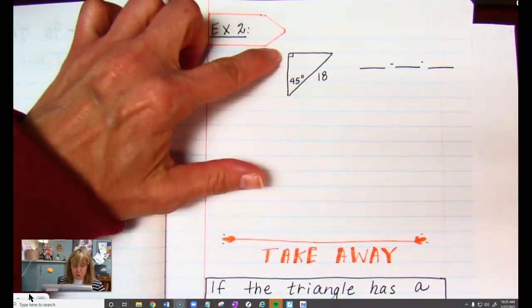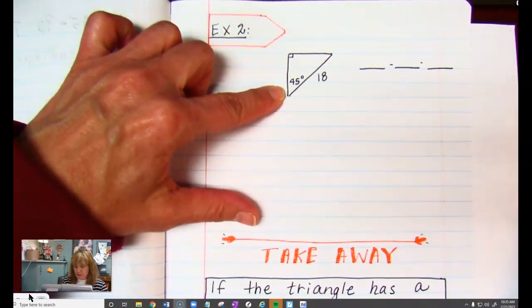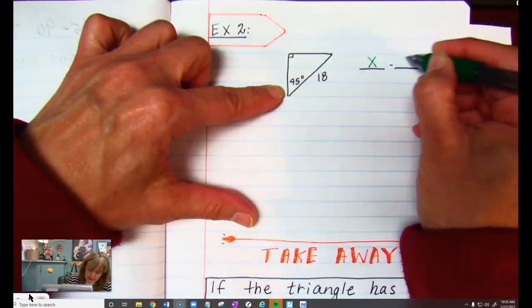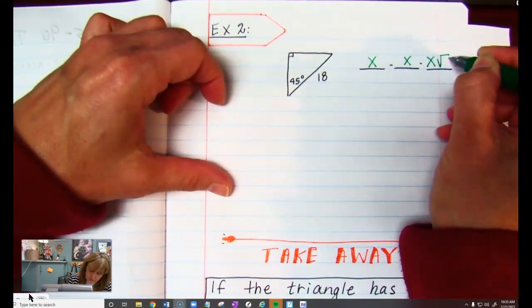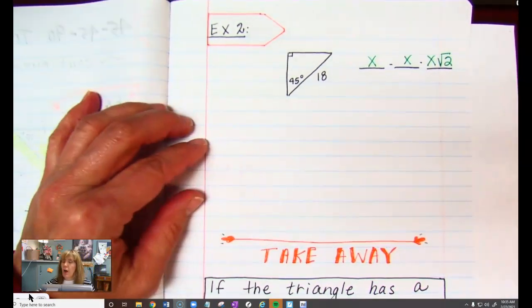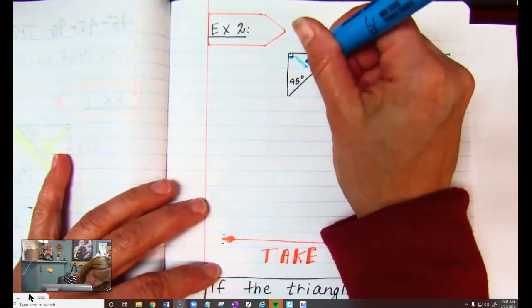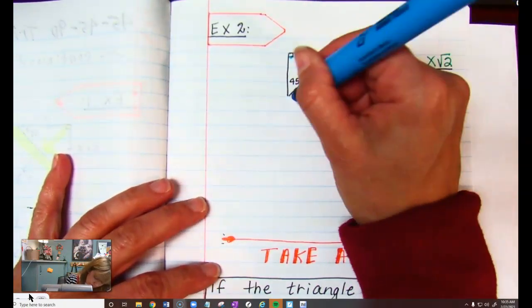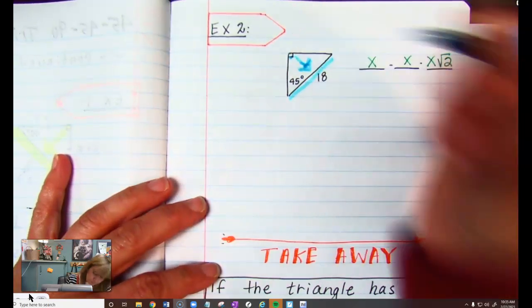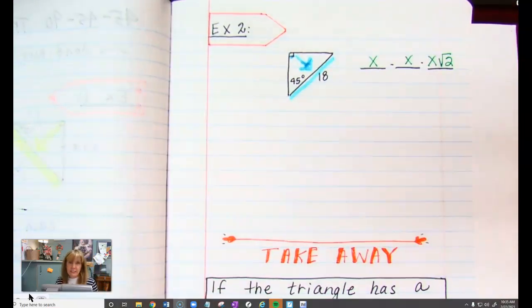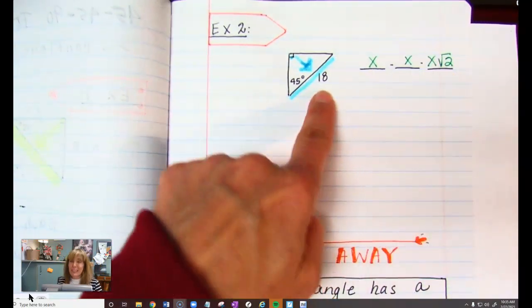Since I see the right angle and the 45 degrees, I know this is X, X, X root 2. And I know that X root 2 is always across from the right angle symbol. So that is given to us. We know that X root 2 equals 18.